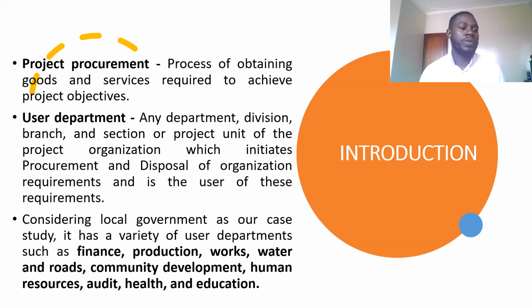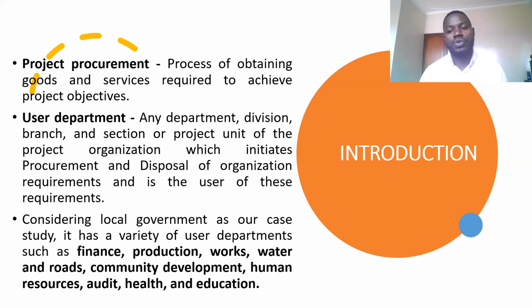That's when we come in and say, user department. It can be any division or branch of a project organization which initiates the procurement and disposal of organizational requirements. So these are the user departments which initiate the procurement for a given project.